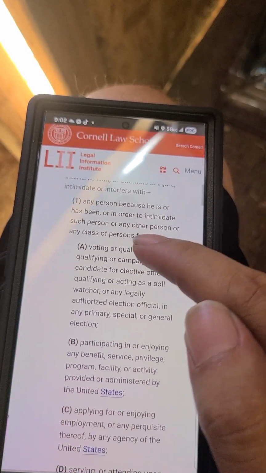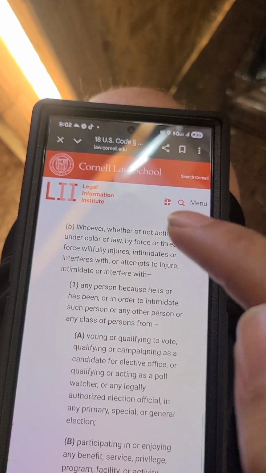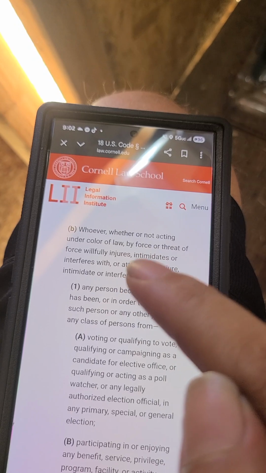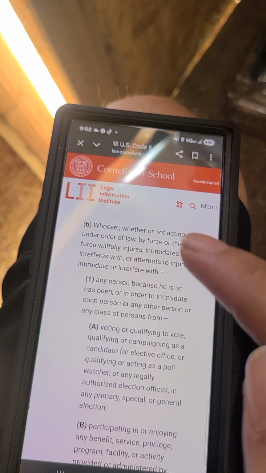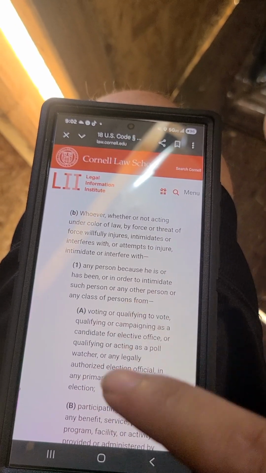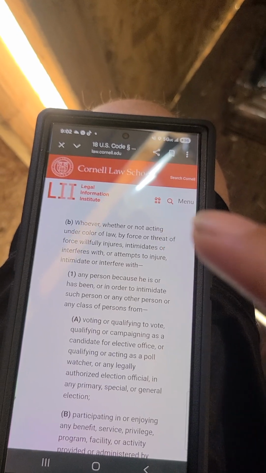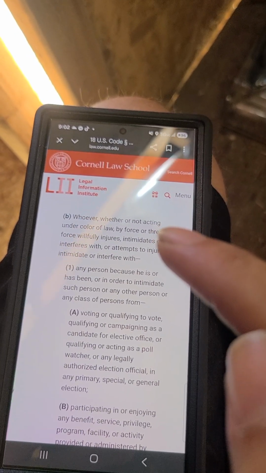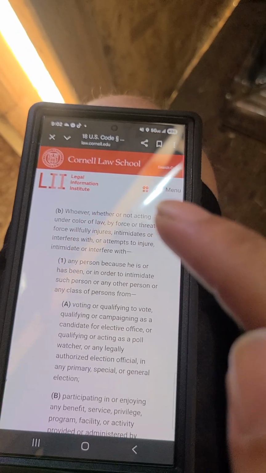And then it explains, basically, if a cop, a judge, a lawyer, or any public official acting under the color of law tries to intimidate you, harass you, or get you to do something you don't want to do while you're exercising any of these protected rights, they are breaking the law. They have violated your rights. They have lost qualified immunity, and they can face jail or fines or both.